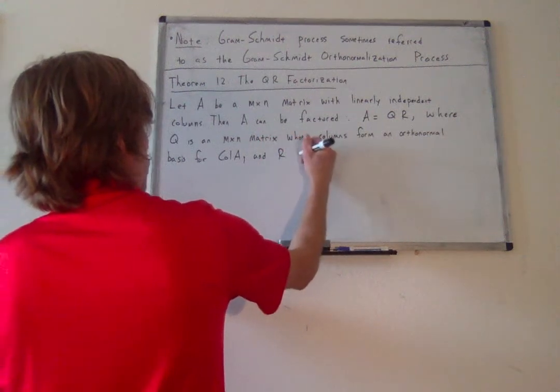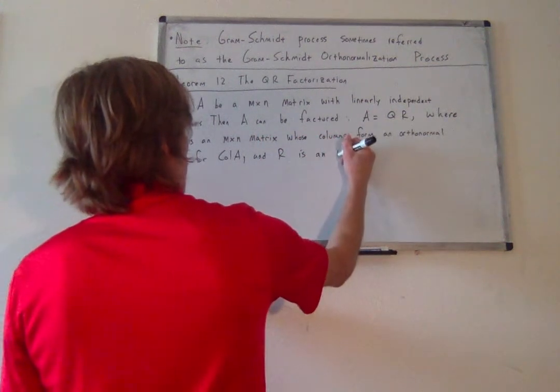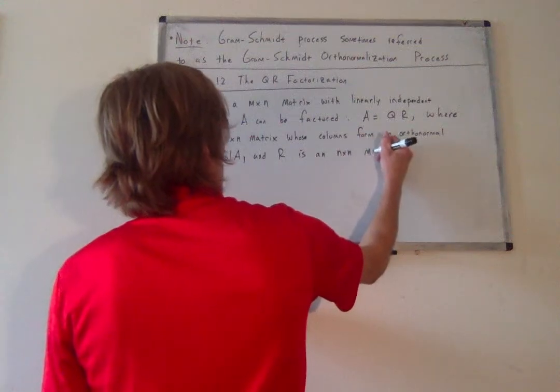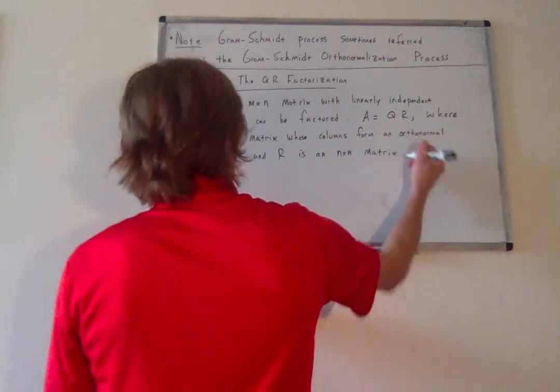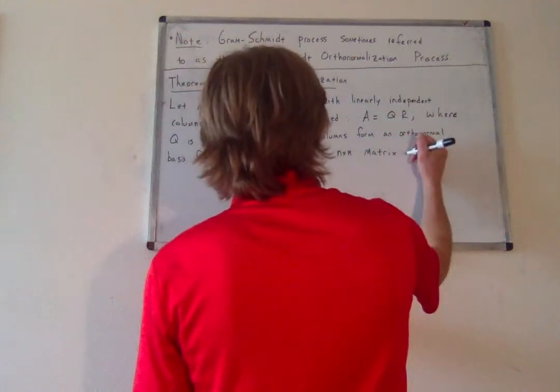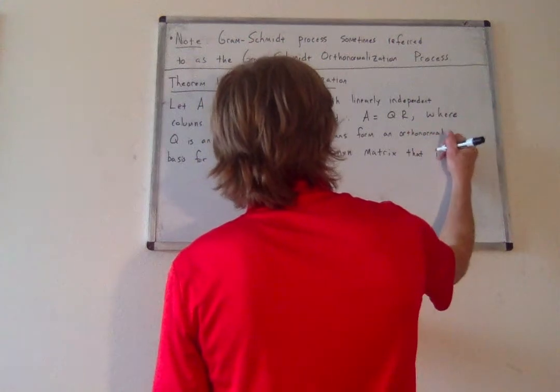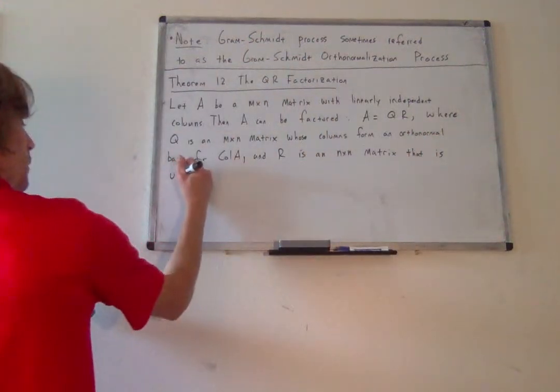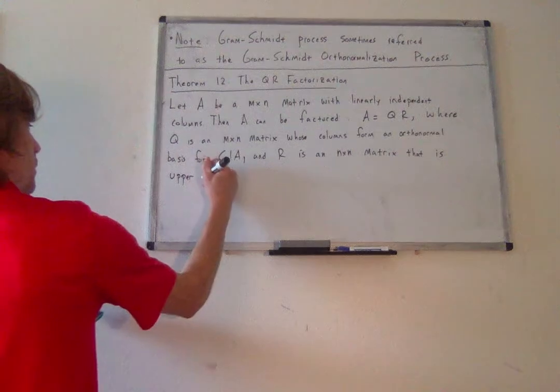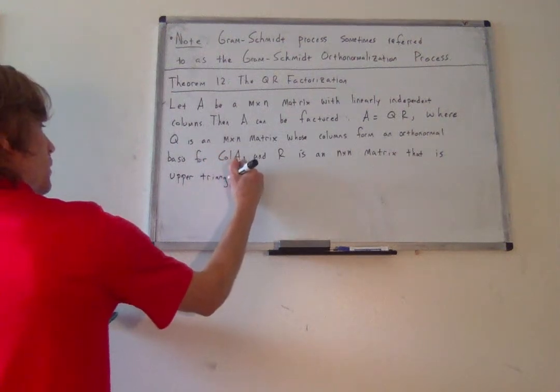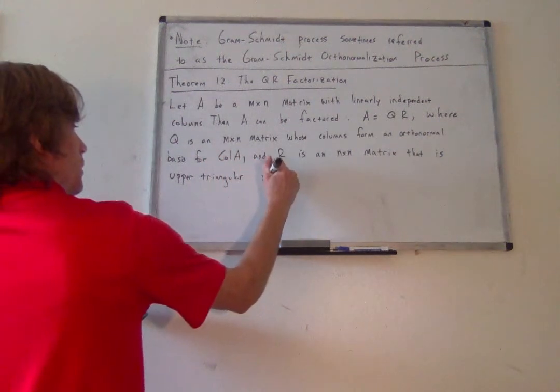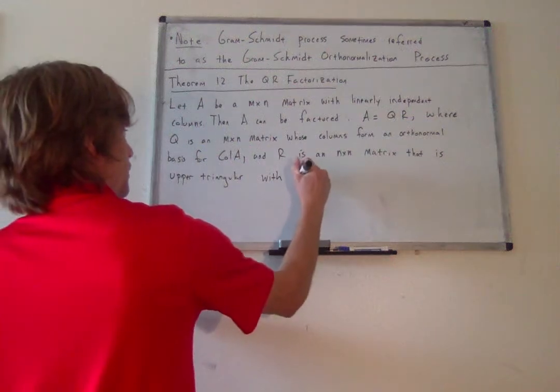And R is a square n by n matrix that is upper triangular with positive diagonal entries.